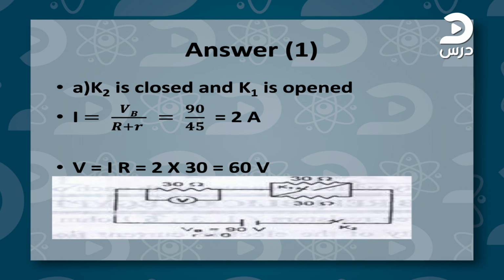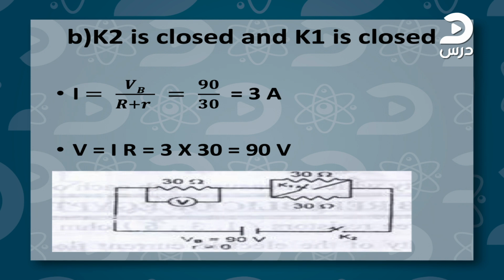This is number A. Number B, when K2 is closed and K1 is also closed. Here there is a short circuit between the two 30 ohm resistances, so the current passes in the branch and cancels the other current.